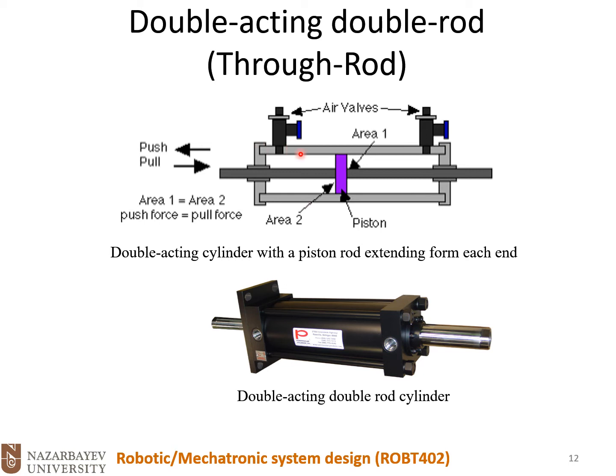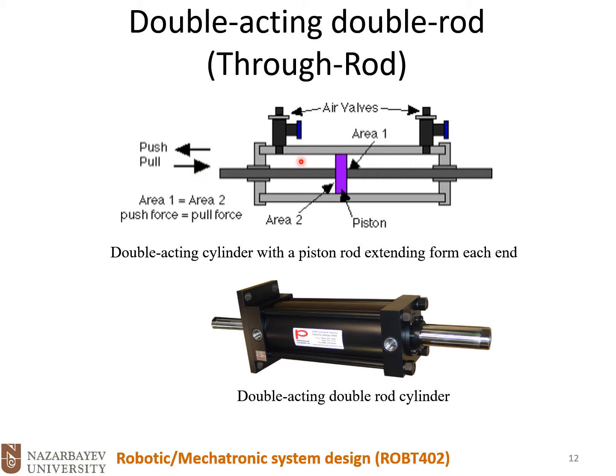We have two chambers and a piston, and two main ports to pressurize one chamber and depressurize the other one to move backward and forward. But the only difference is that the rod goes through the piston, or is attached to both left and right, so we could apply force from both sides. This is an advantage in some cases.